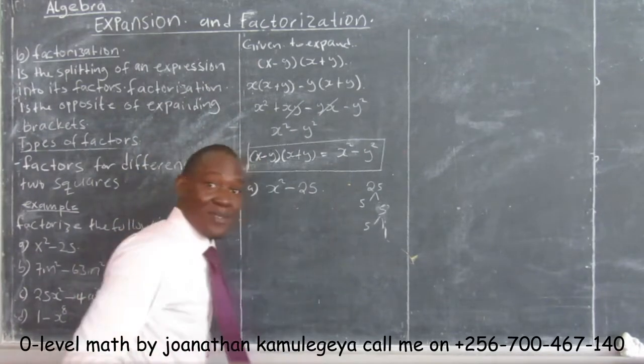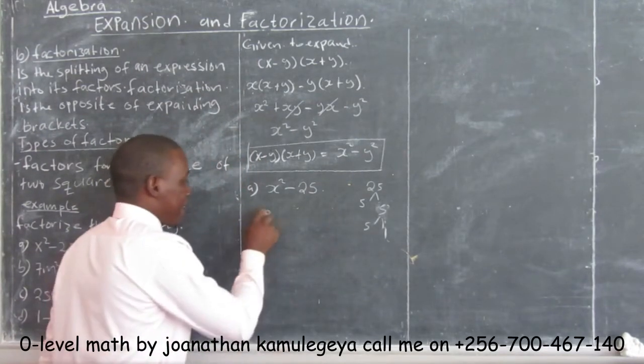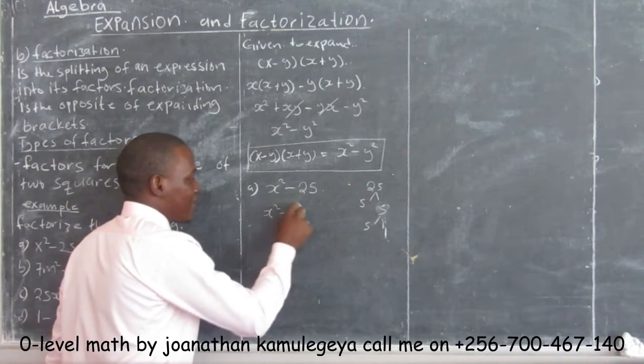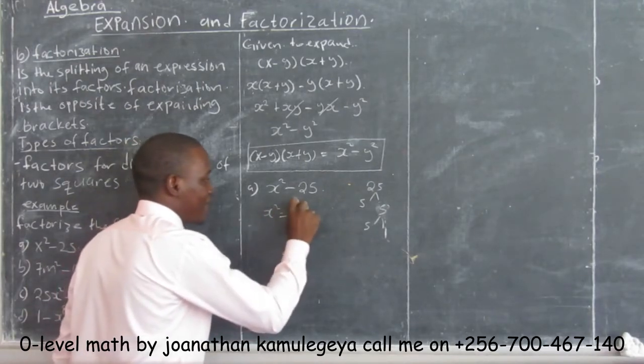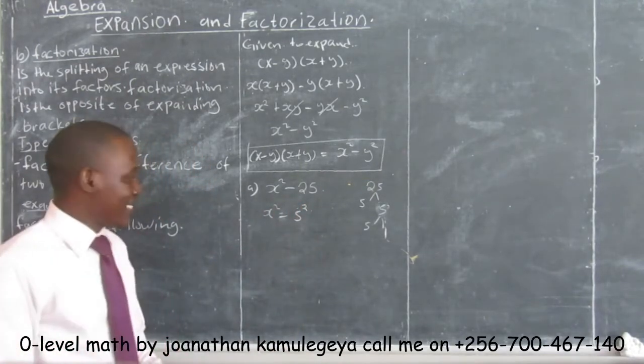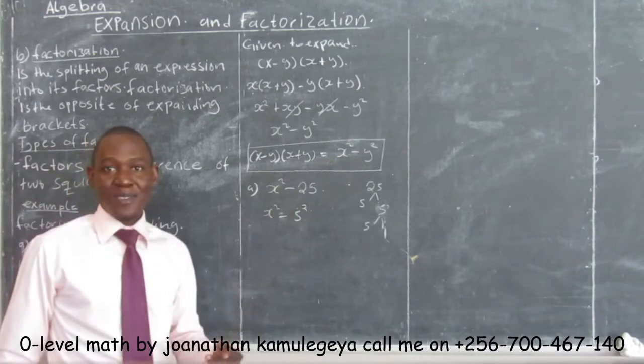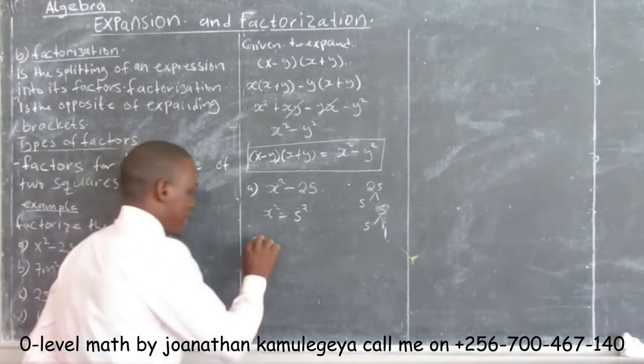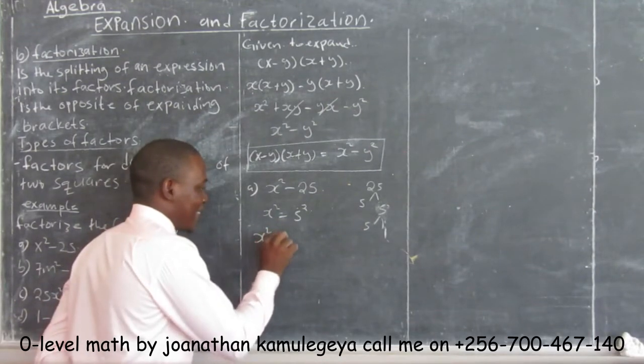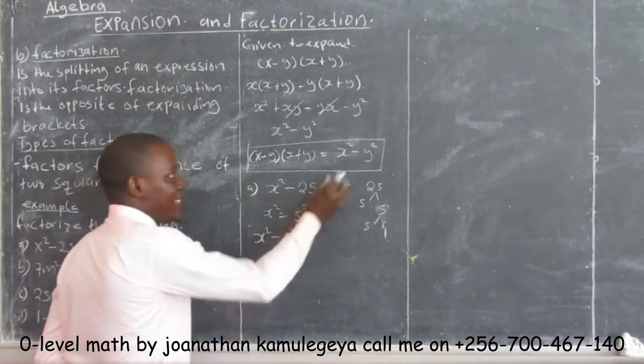Therefore, we shall say x squared minus 25 is equal to x squared minus 5 squared. This is in the form of the general expression. If you compare, x squared minus 5 squared is in this form.